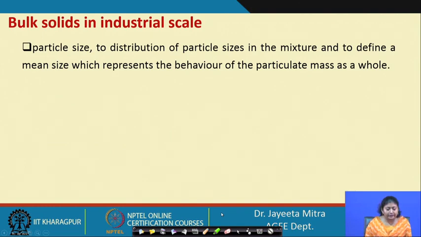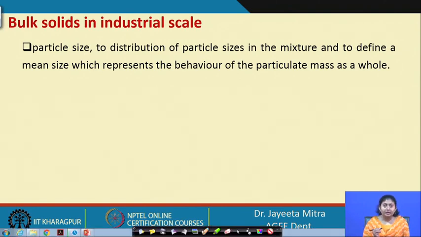So, when we want to analyze bulk solids on an industrial scale, we have learned the basis of characterization of a single particle: composition, size and shape. Now, again the problem is we can't get one size in a bulk mixture.